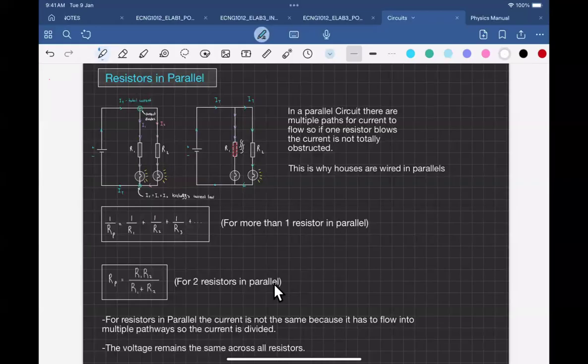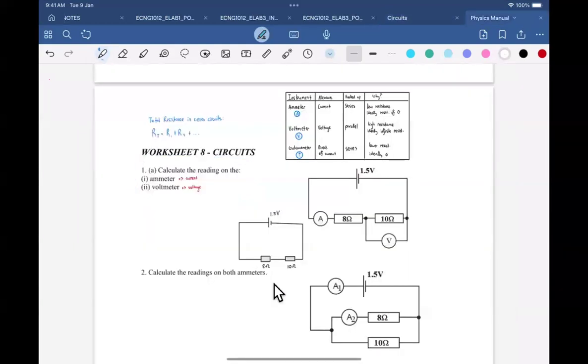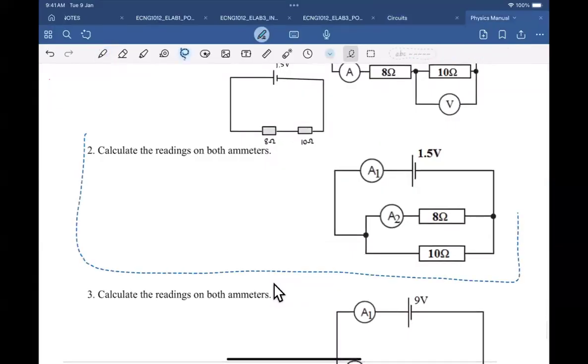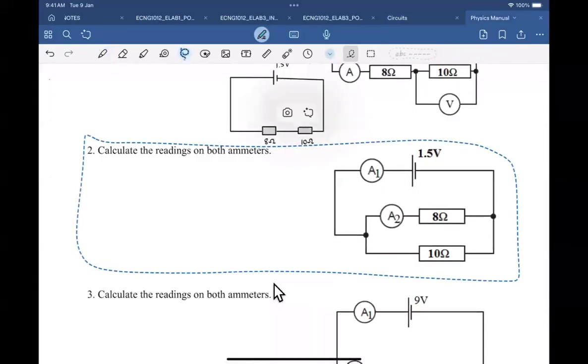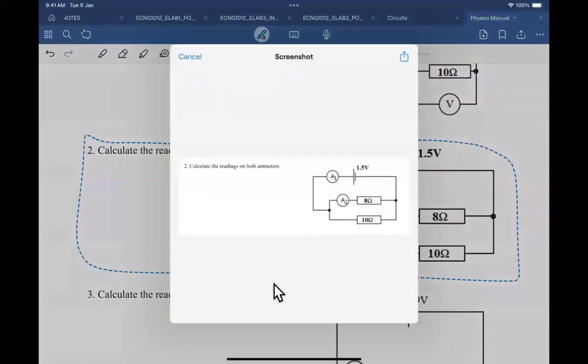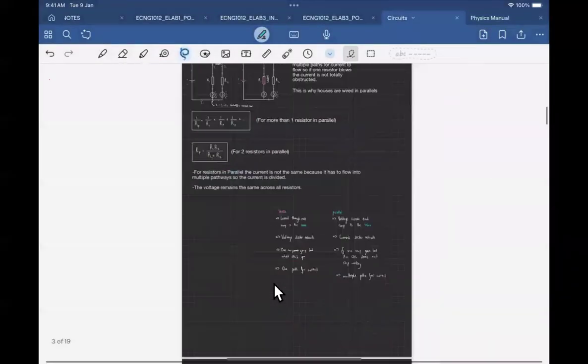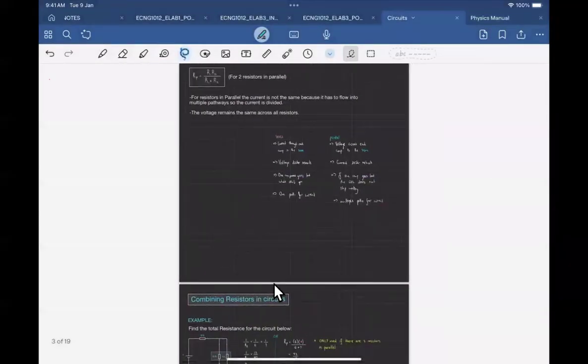So you will have that copied down. Let me do one question and then call it a night. Calculate the readings on both ammeters. You should understand the concept by now, so let's piece together everything.